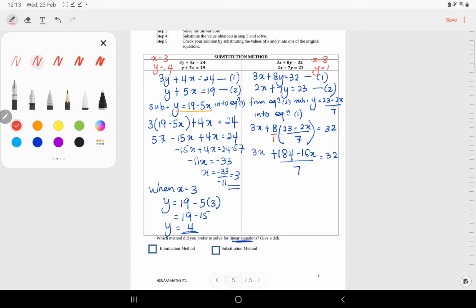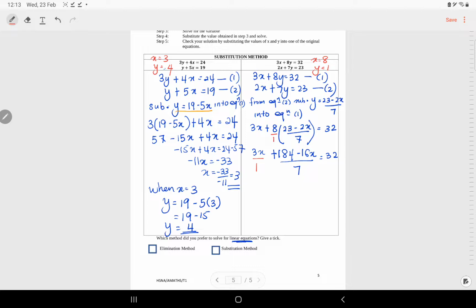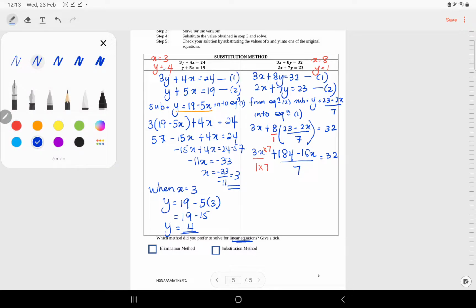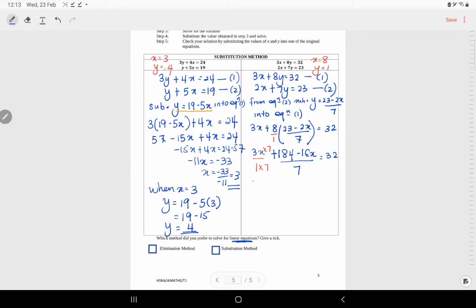How do I make this become the same denominator? Well, this has a denominator of 1. So to make it the same denominator, you multiply by 7 to both numerator and denominator, and that should give me 3x times 7 is 21x plus 184 minus 16x over 7 equals 32.